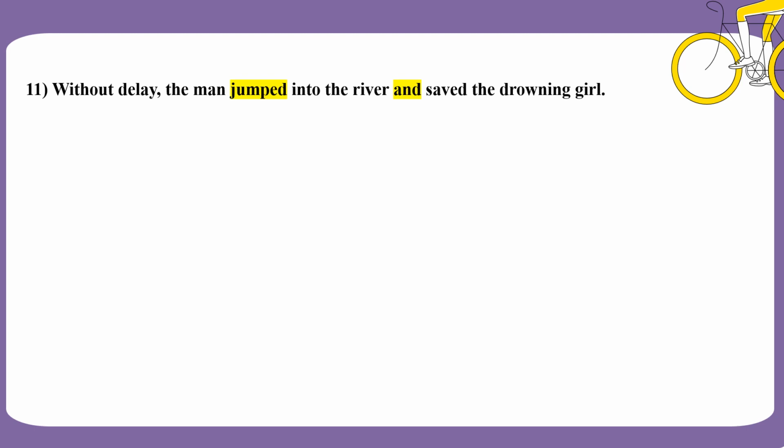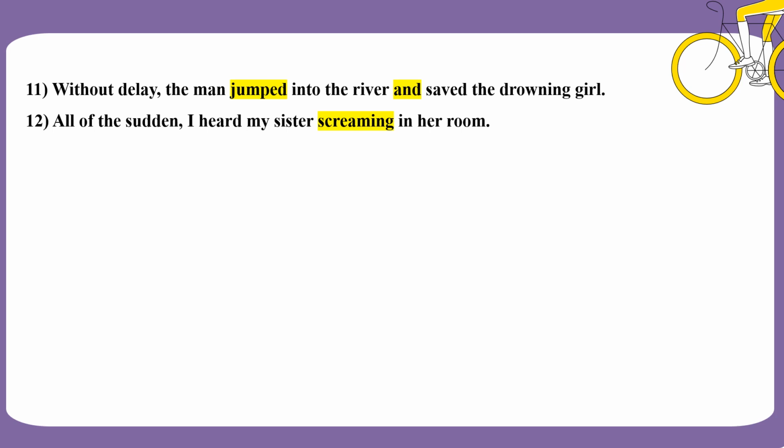Next, number 11, without delay, the man jumped into the river and saved the drowning girl. Yes, this is a past tense, so jumped, ed, and also and save, and you shouldn't put to save, and save. Number 12, all of a sudden I heard my sister screaming.